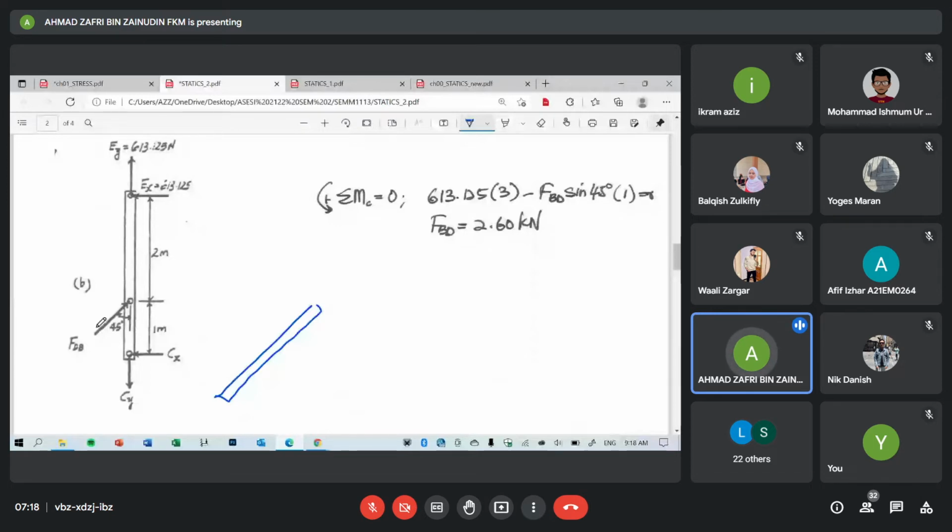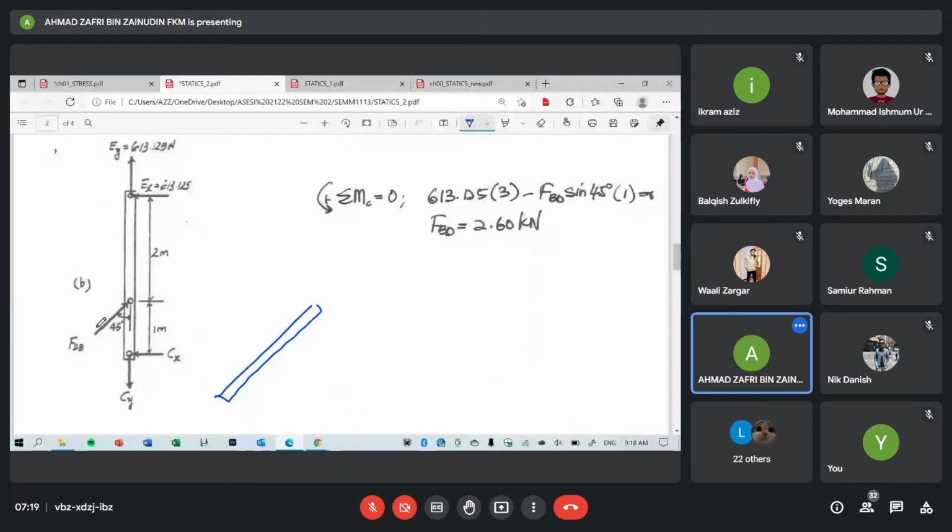Now for BD, we can calculate the normal stress by using the method of sections, so you find the internal force. This is FBD, which is 2.6 kilonewton. So we have the normal internal force in the material in that direction.